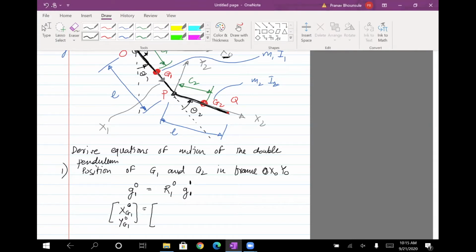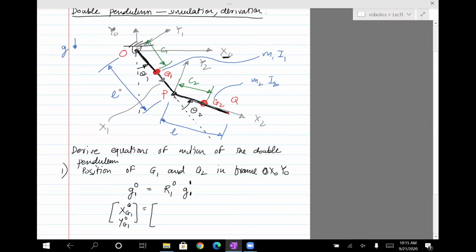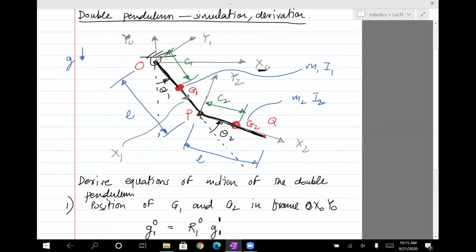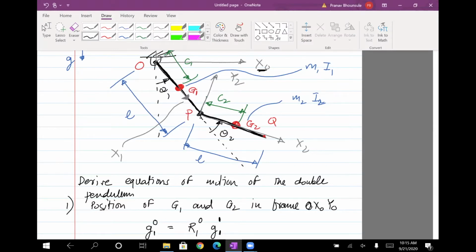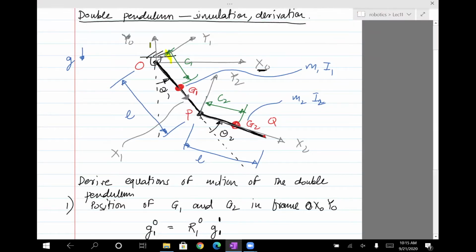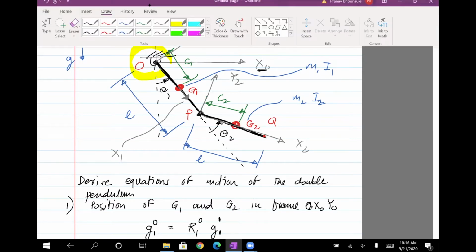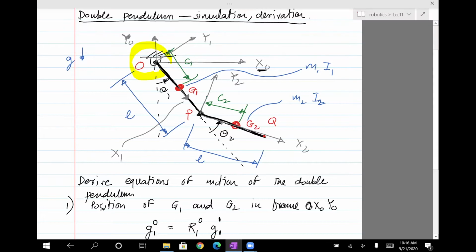So what we need to do here is define the counterclockwise angle from x0 to this link, and that is going to be highlighted, this angle. Right, so you can see that it is actually 90 plus 90 plus 90 plus theta 1. So 3 times 90 is going to be 270 plus theta 1.